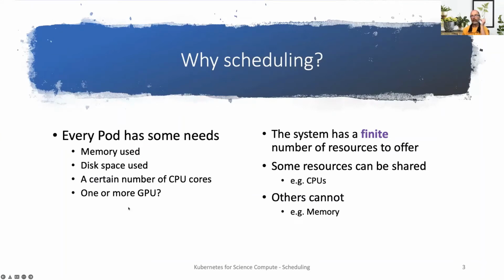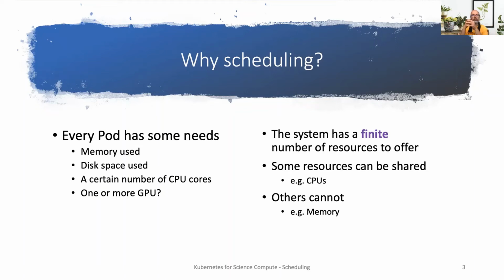In case there was any doubt, I want to make sure you understand why we need scheduling in Kubernetes. It comes down to the fact that we have lots of pods and only a limited amount of resources. And every pod will have some needs. It will need some memory, probably use some disk, some CPU, and maybe some GPUs too.